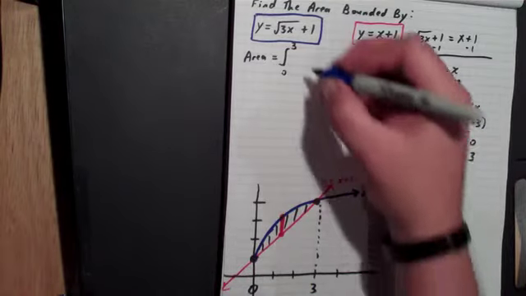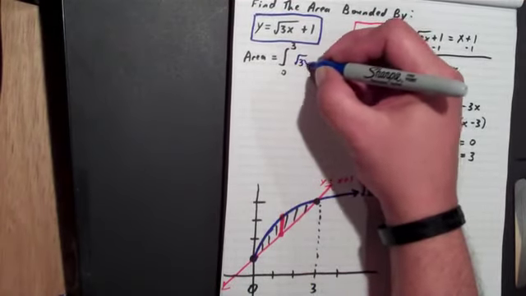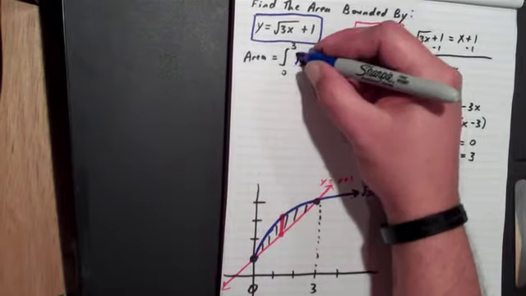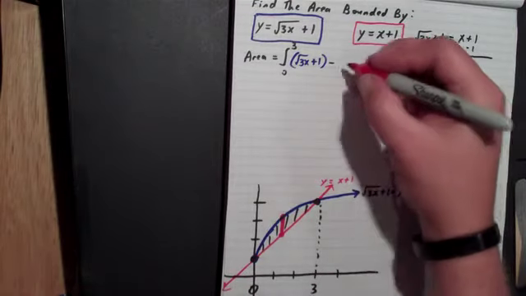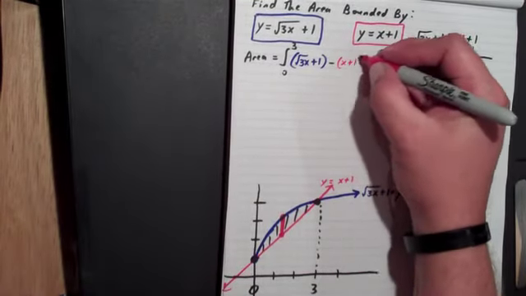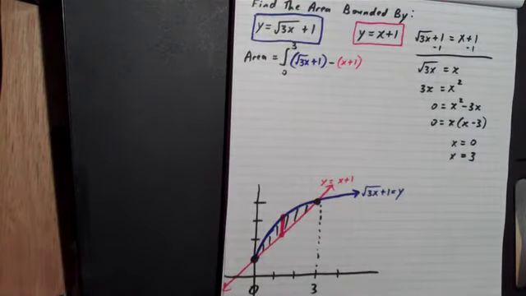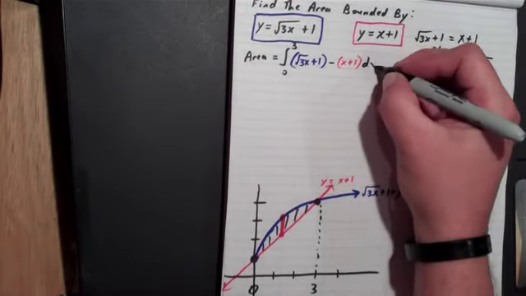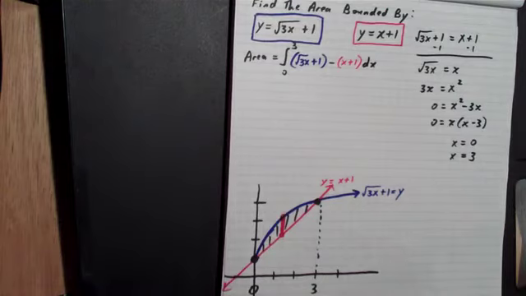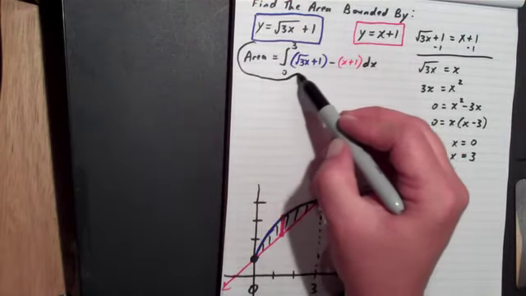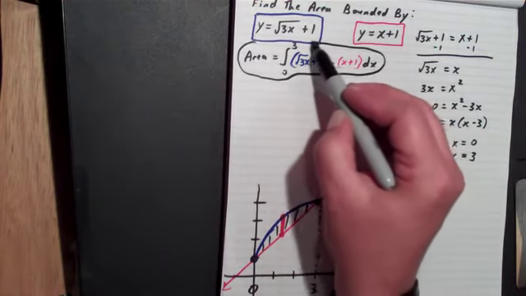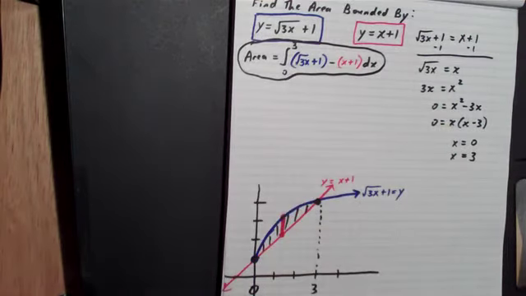In this case, the top curve is radical 3x plus 1 minus the curve that's below it, the curve on the bottom, which is the line x plus 1. And every integral needs a differential, dx. That's the axis we're integrating over. I usually give half credit for the setup, so I'm going to circle this so that I know that that's my setup to find the area.